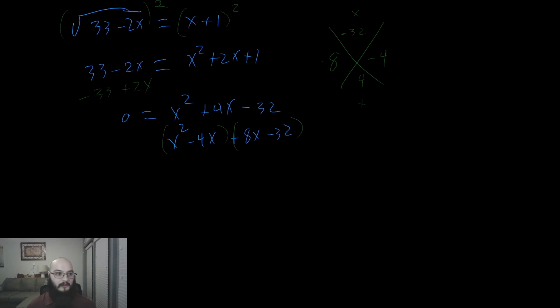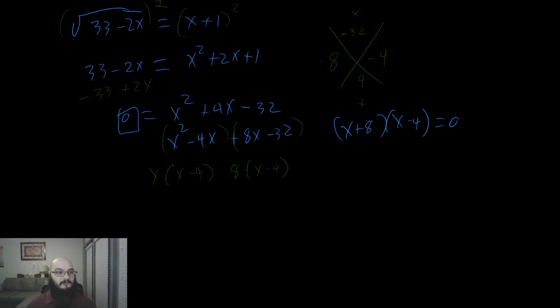Factor by grouping. Out of here, we can pull out an x and wind up with x minus 4. And over here, we can pull out an 8 and get x minus 4 as well, making our final factorization x plus 8 times x minus 4 set equal to 0, because we did not lose that this whole thing is still set equal to 0.